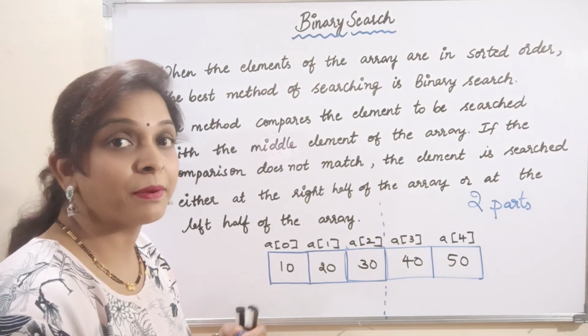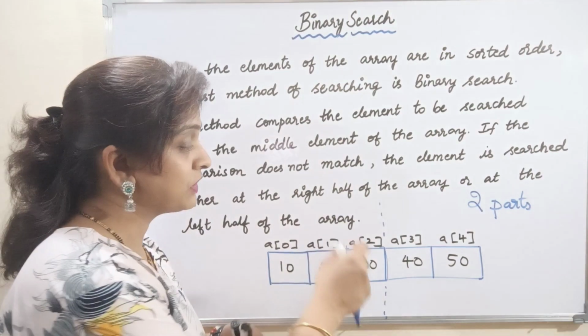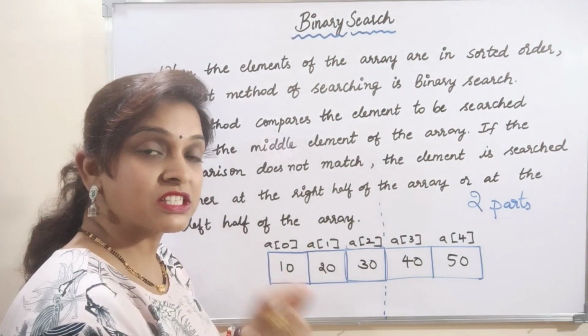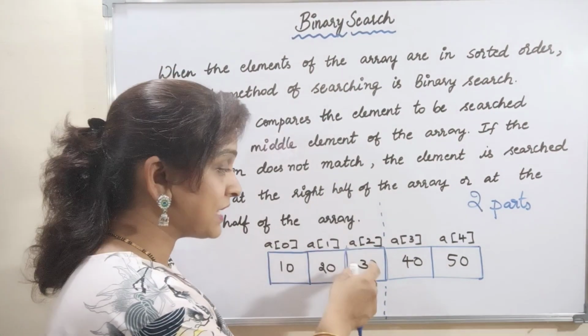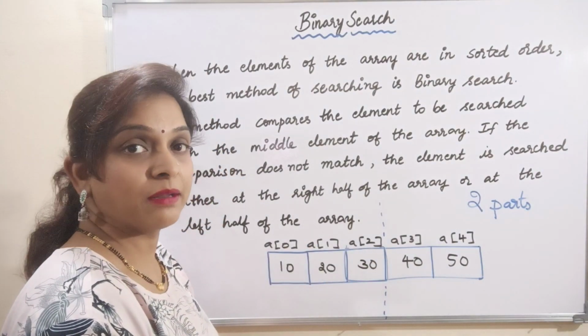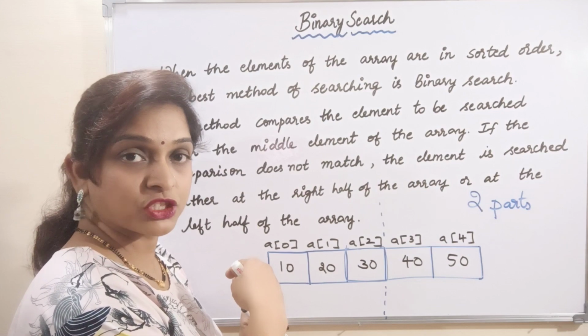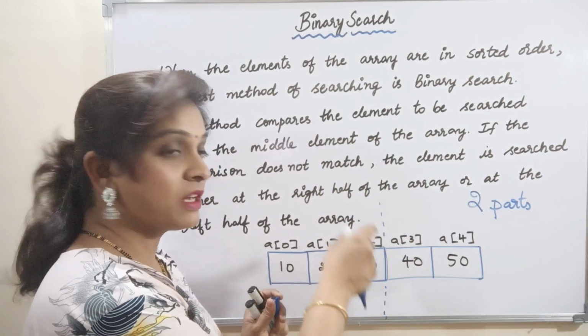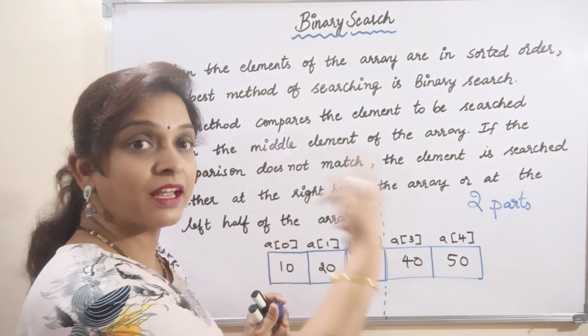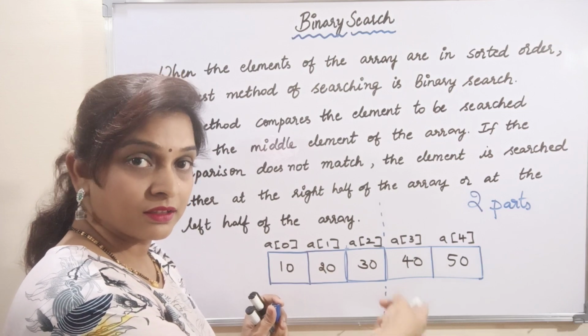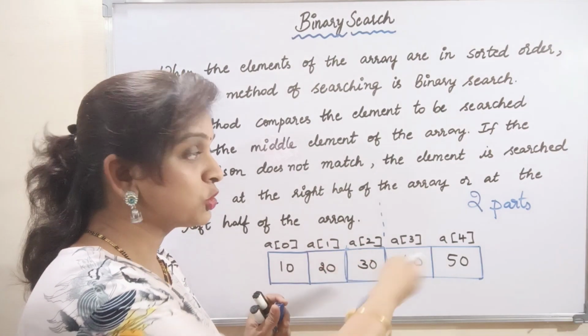I compare the search element with the mid element. If the search element is less than the mid element, I go towards the left portion. If the search element is greater than the mid element, then I go towards the right.